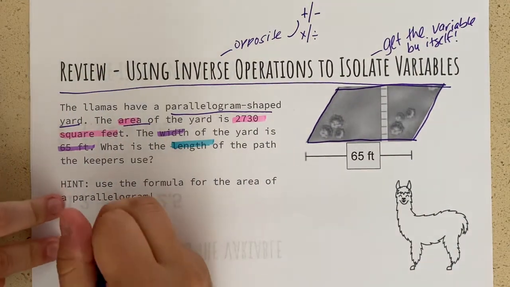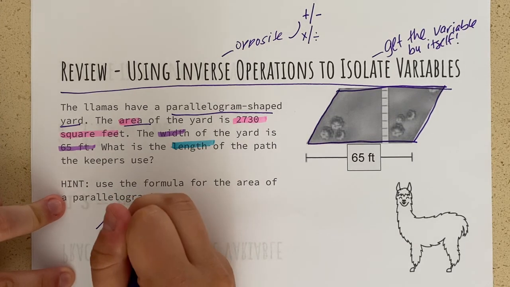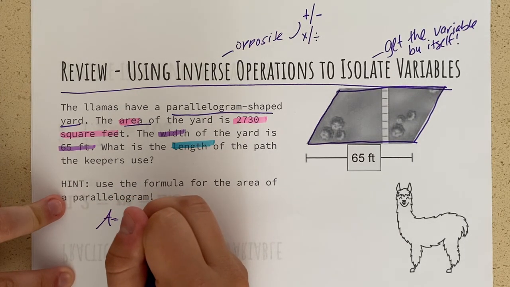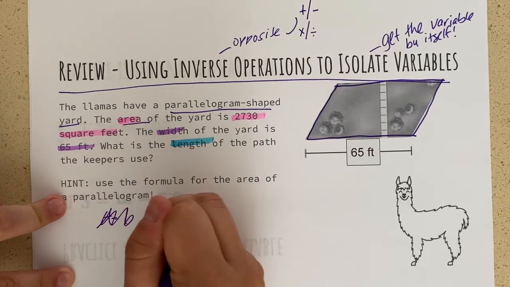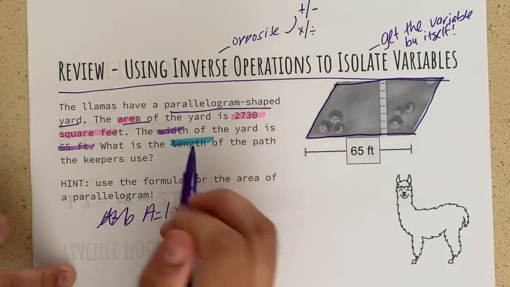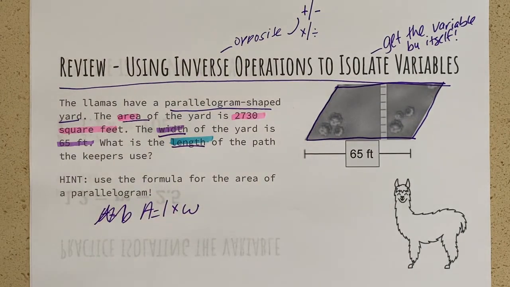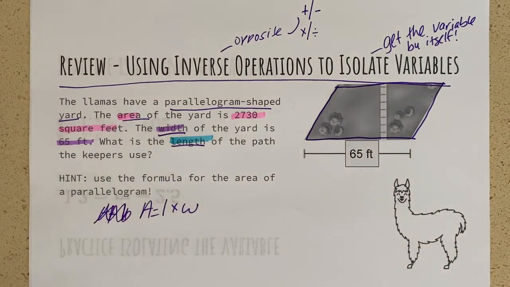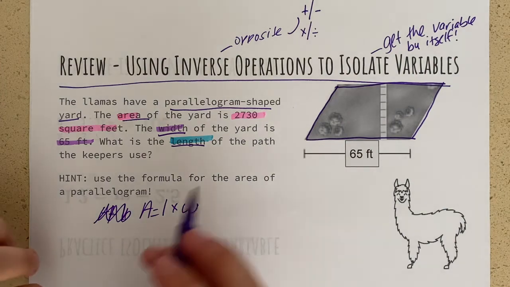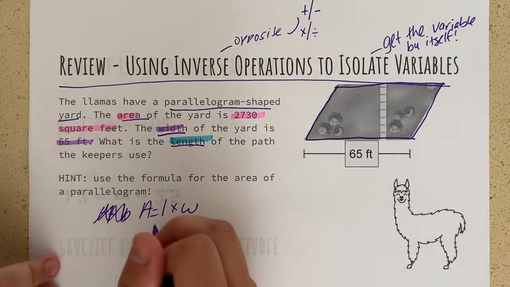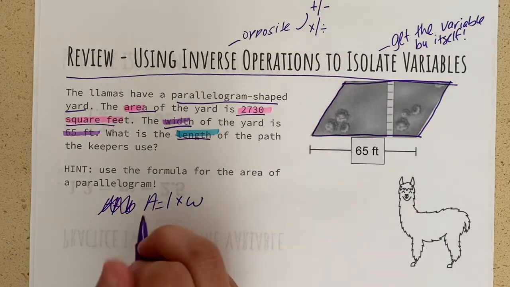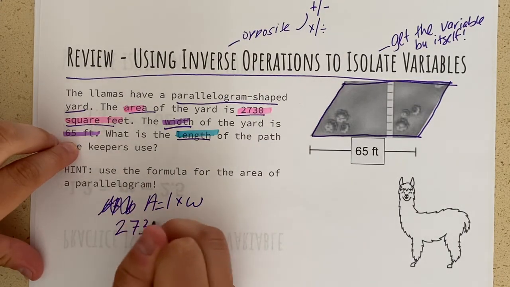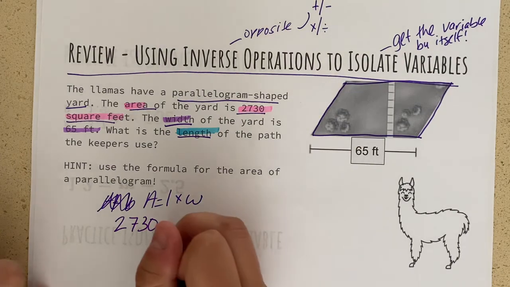So the first thing that I'm gonna do is write area equals length times width, for the sake of that. You could also say base times height, same thing. Length times width, they're all pretty much interchangeable. So now I'm gonna substitute in for what I know. The area of the yard is 2,730 square feet.